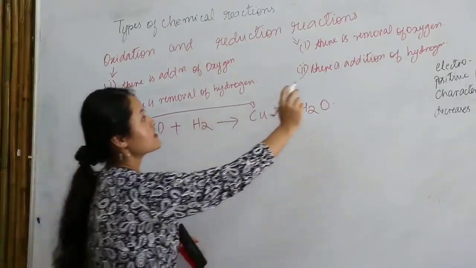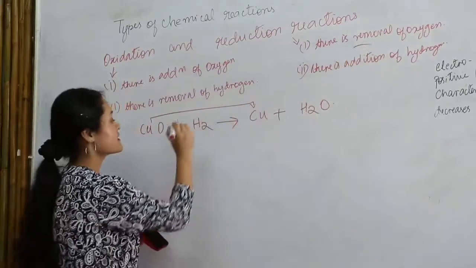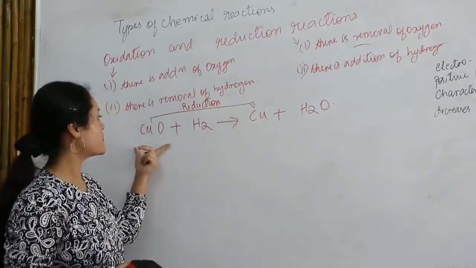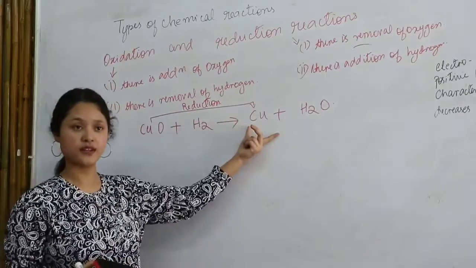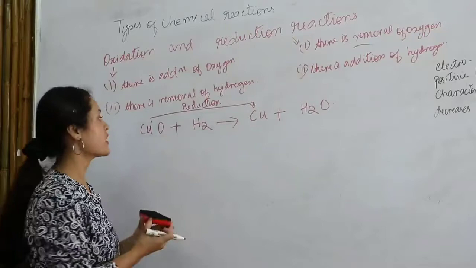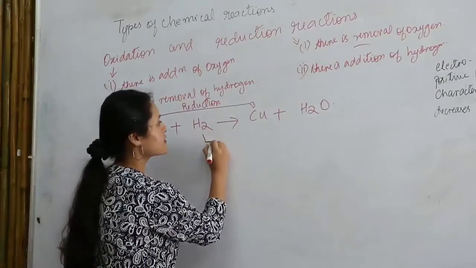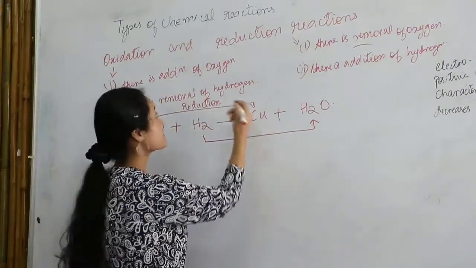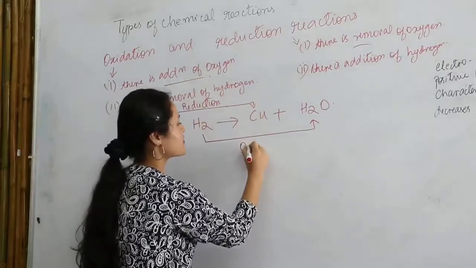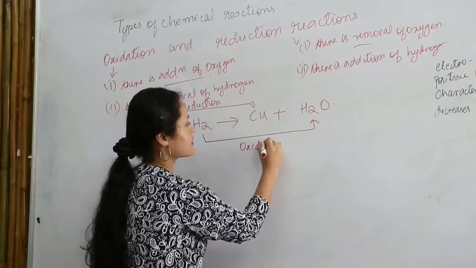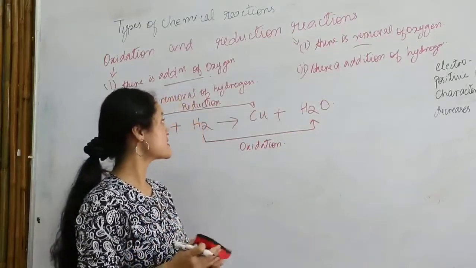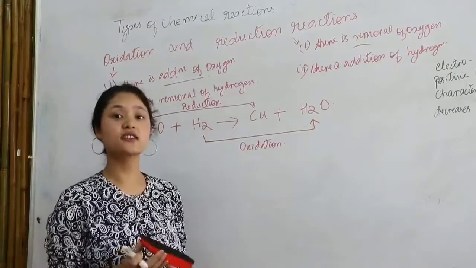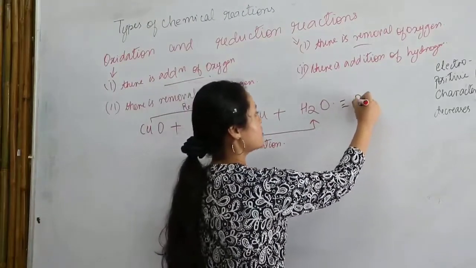Therefore, when removal of oxygen takes place, reduction takes place. So copper oxide is reduced to copper because oxygen is removed from it. If you see hydrogen, oxygen is being added, so oxidation takes place. And remember, when reduction and oxidation take place simultaneously, we call that reaction a redox reaction.